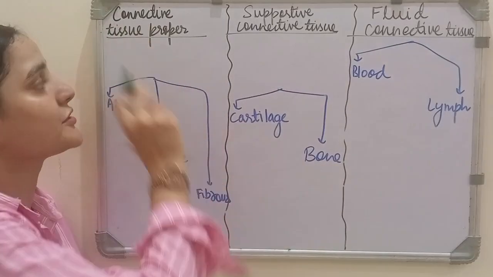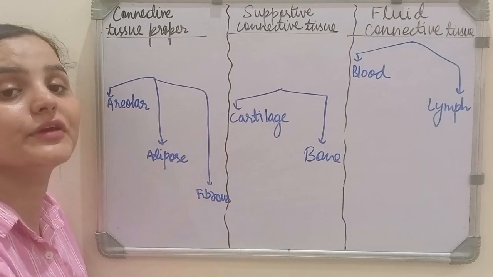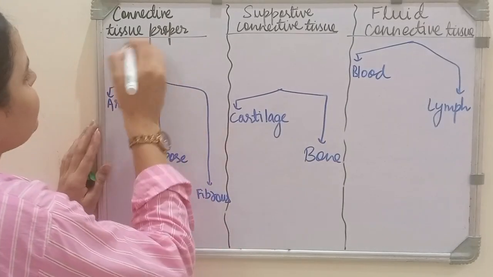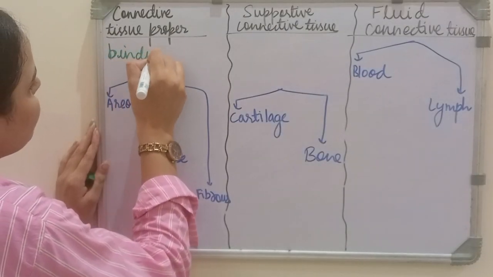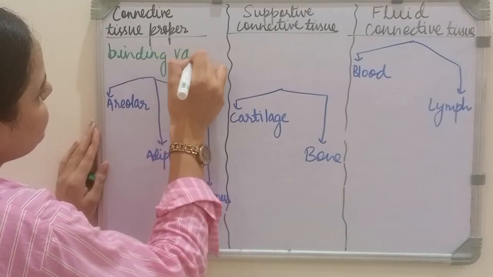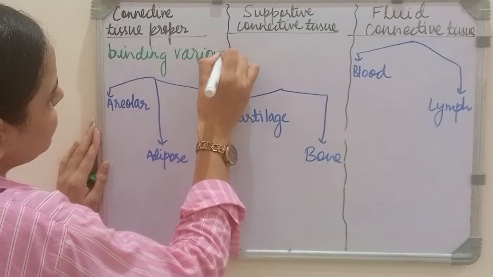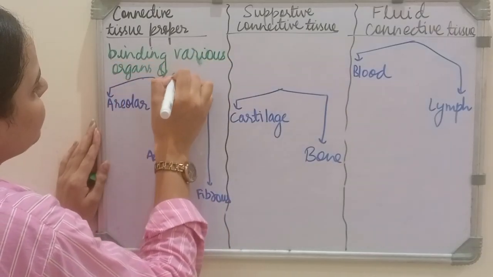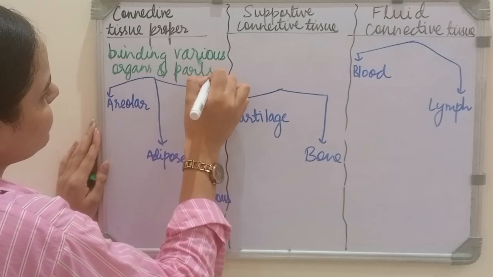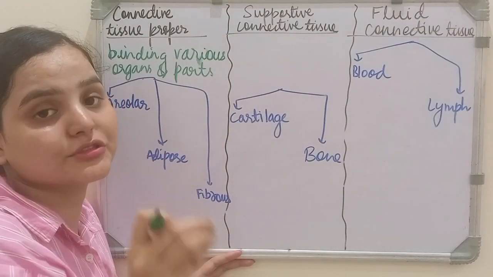Connective tissue proper has the function of binding various organs and parts together. Supportive connective tissue has a function to give support.